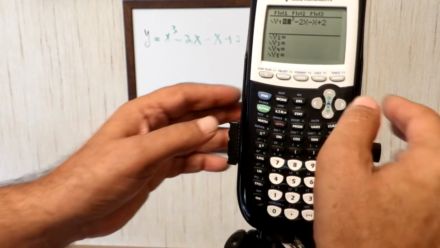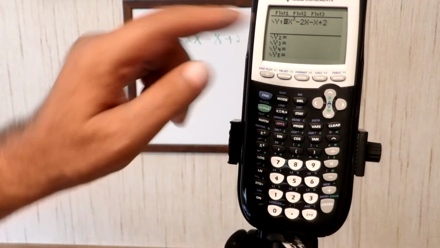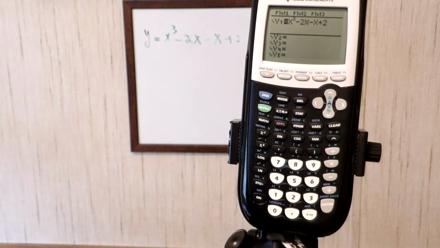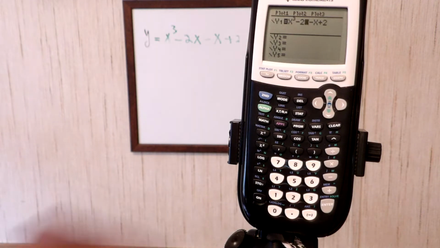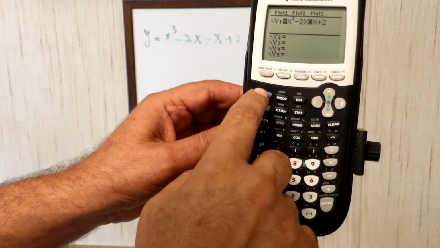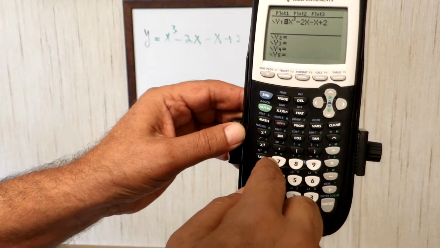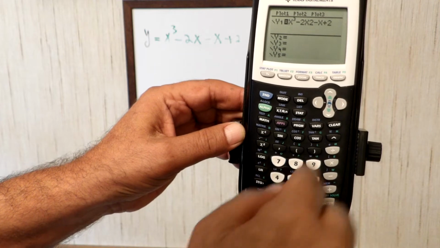I'm sorry. See, this has to be x squared. So what you do, you go up here and push second, insert. You have to put to the power of 2.